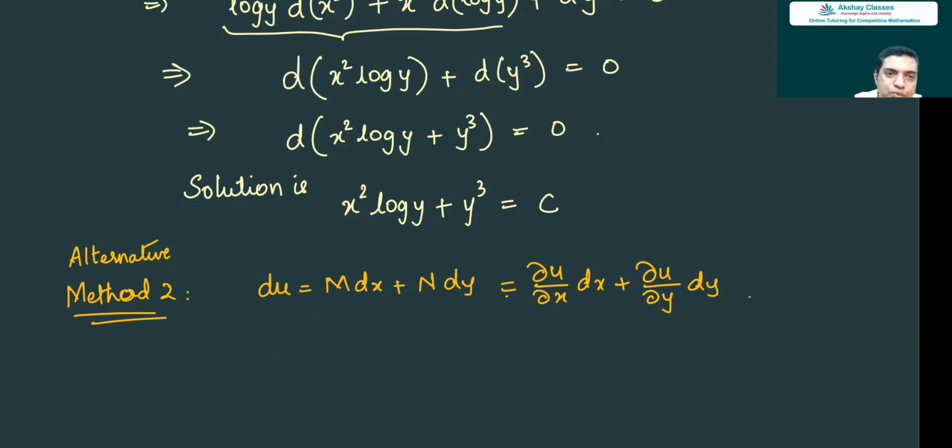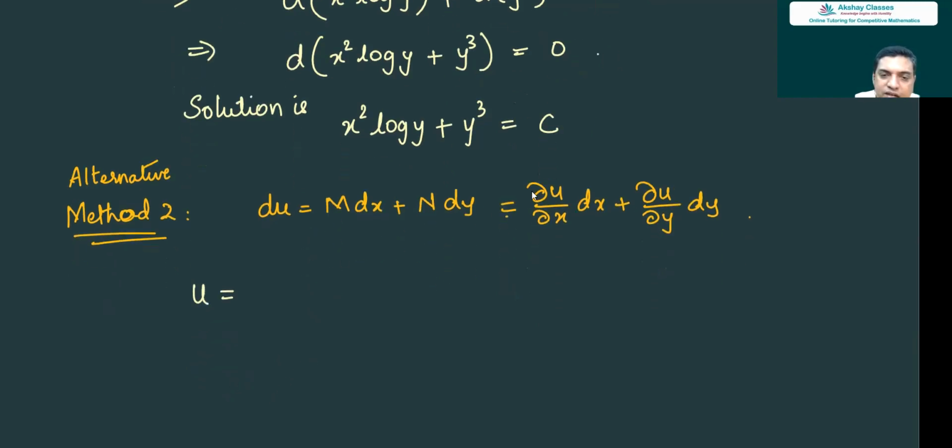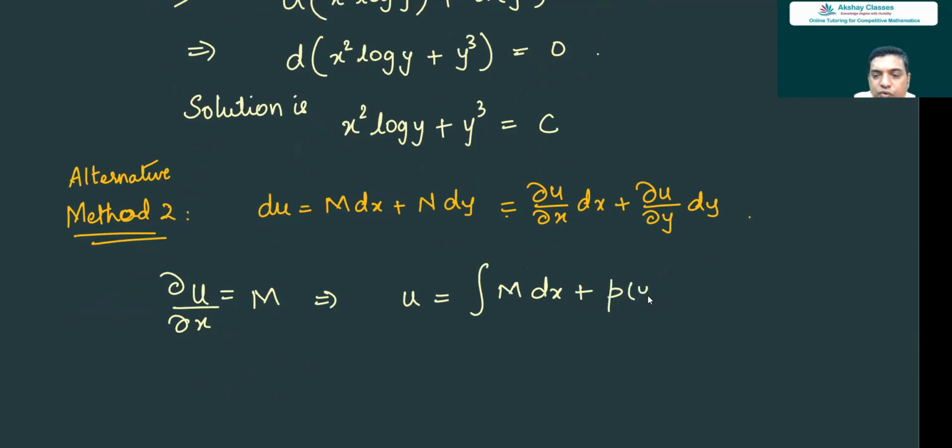I'll do it without the formula. Take this: dou u by dou x is equal to m. So we get u is equal to integral m dx plus a function purely in terms of y, because when you do a partial derivative with respect to x, this term should be 0.